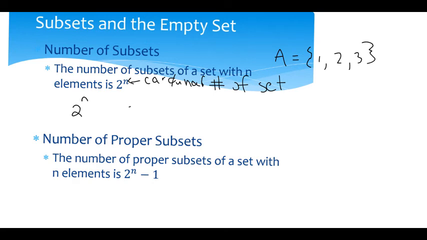N here would be 3 because I have 3 elements in the set. So the number of subsets here would be 8. Then for proper subsets, you're going to do 2 to the nth power minus 1. So I'll do 2 to the third minus 1. So it's going to give me 7 proper subsets.